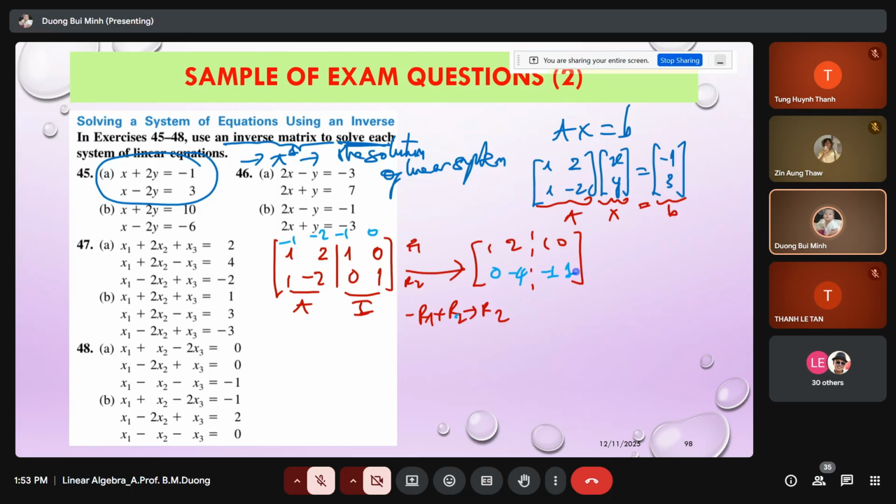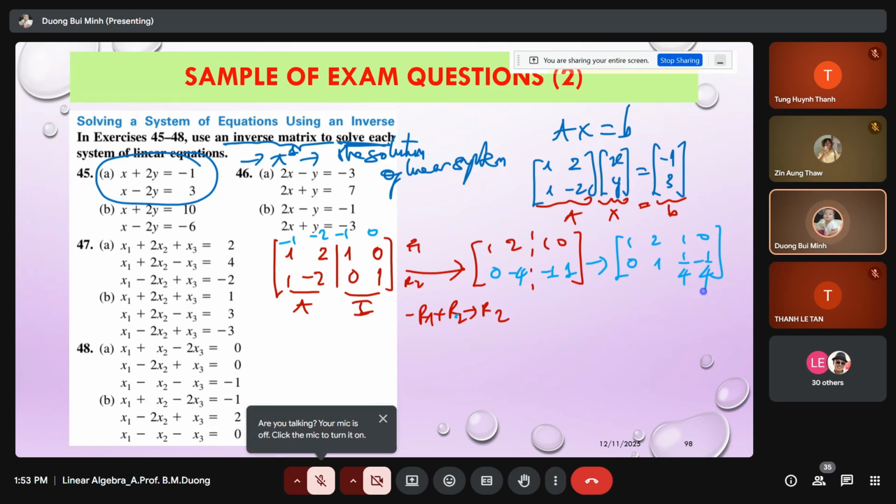Then continue. So here 1, 2, 1, 0, and here 0, 1, which means 1 over 4 and minus 1 over 4. And I would like to modify this one, so we apply minus 2 R2 plus R1 replaced to R1.